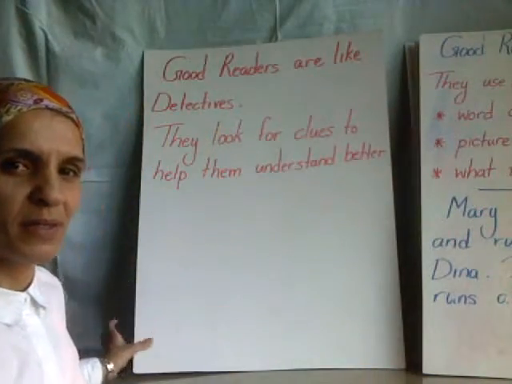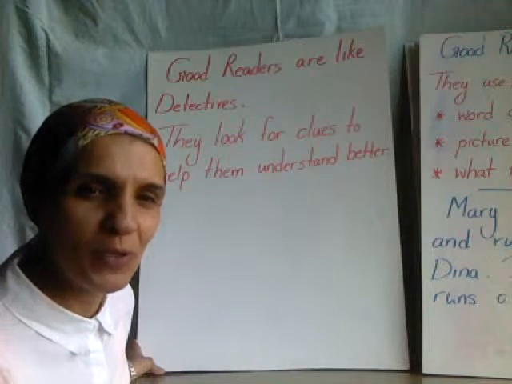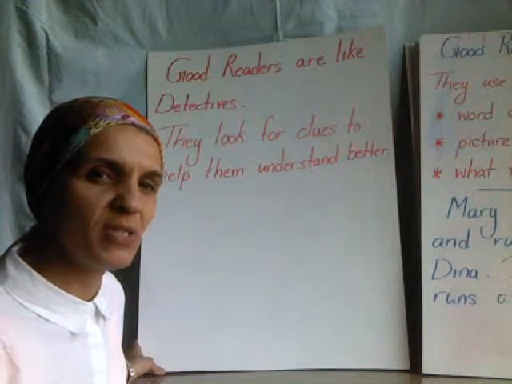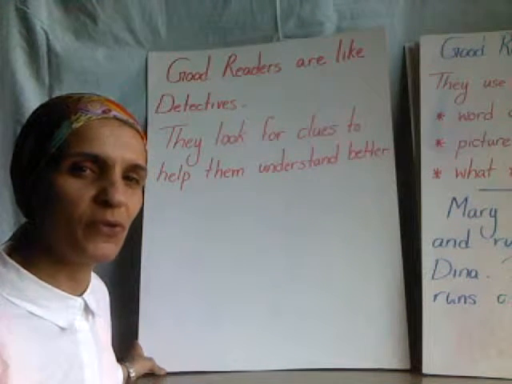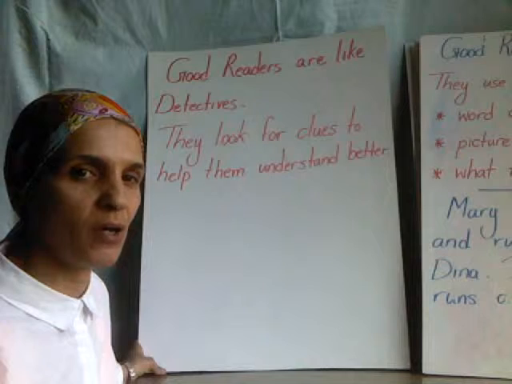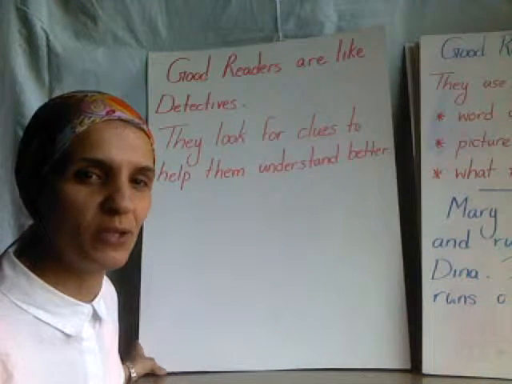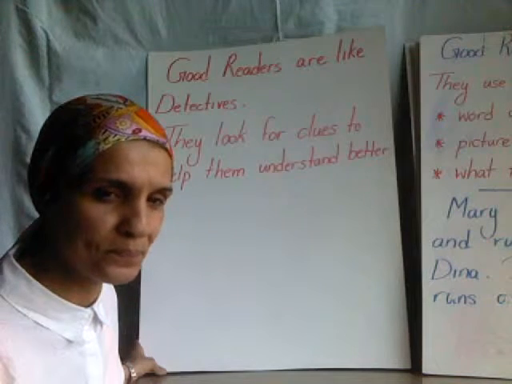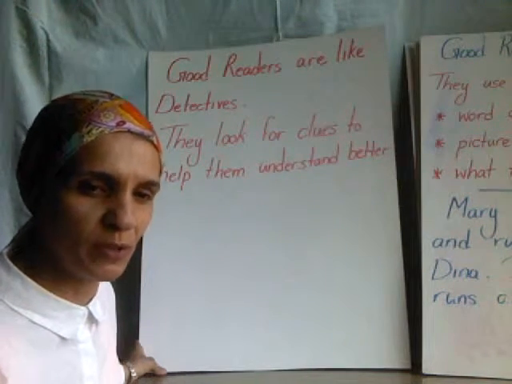And finally, another reminder of how you can become a good reader. Good readers are like detectives. They are always looking for clues in their stories, whether they are words, whether they are pictures, or whether it's knowledge that they already know. I will refer back to the picture of the boy looking out of the window.